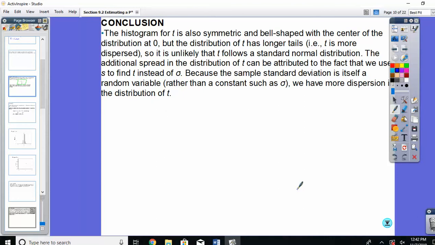The reason it's so spread out is because it's based on the standard deviation of the sample versus the whole population. And in general, the sample is going to have more variability than the entire population. Because the sample would have a larger standard deviation, the distribution is more spread out.